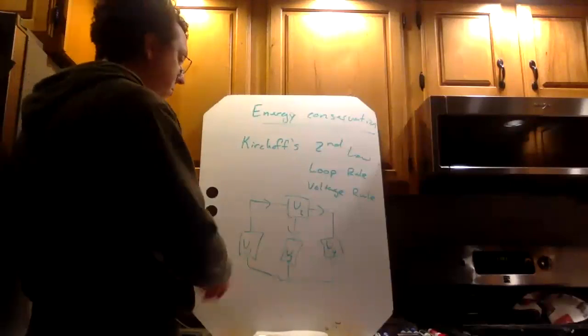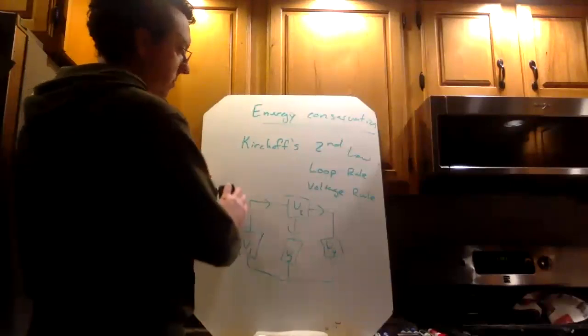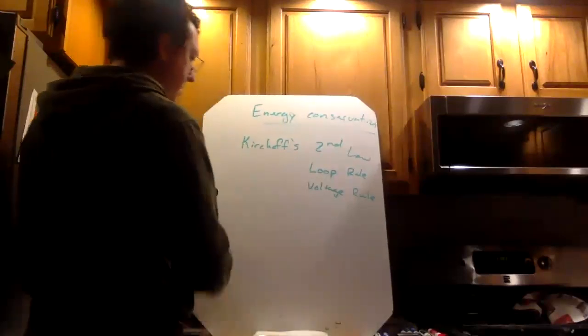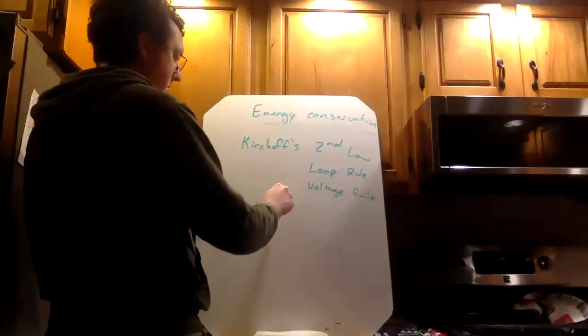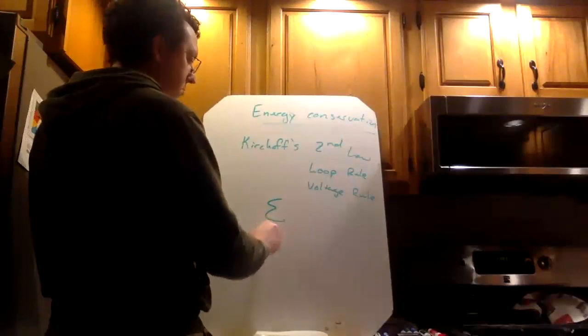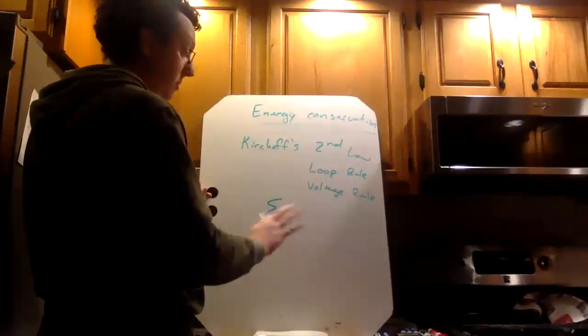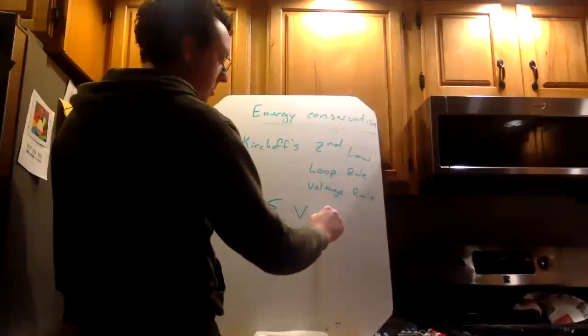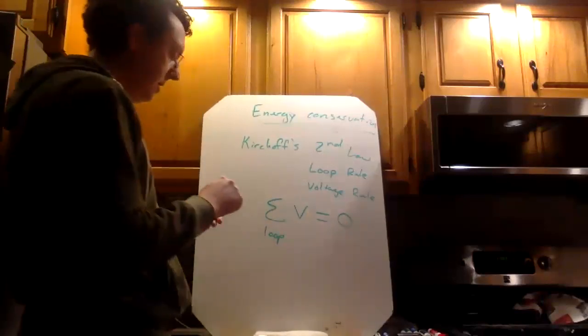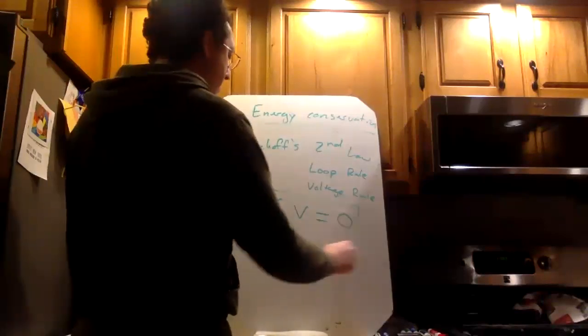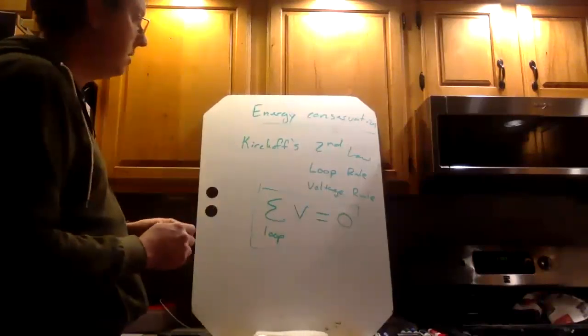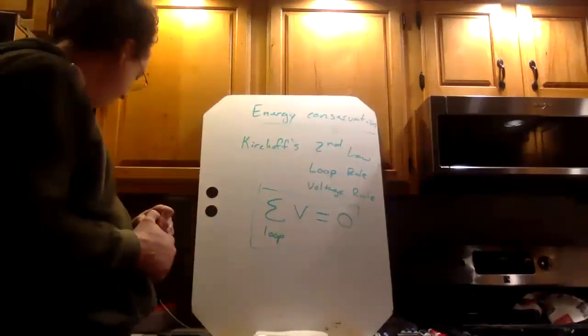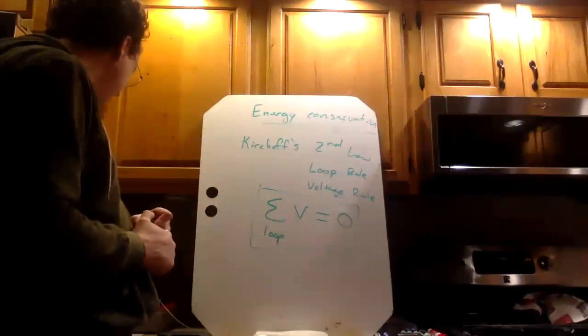So the loop rule says the following: for any circuit, the sum around a loop, and it's any loop, it doesn't matter, of all the voltage drops will equal zero. That's really just a statement of energy conservation. Okay. So that's Kirchhoff's second law.